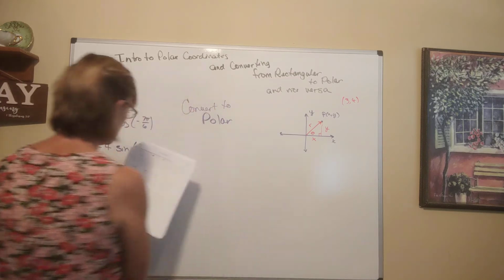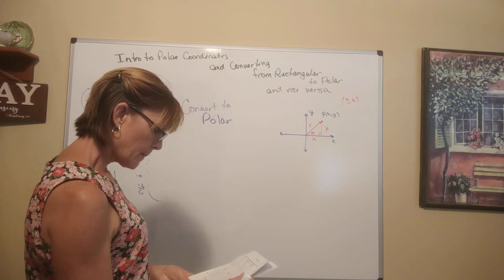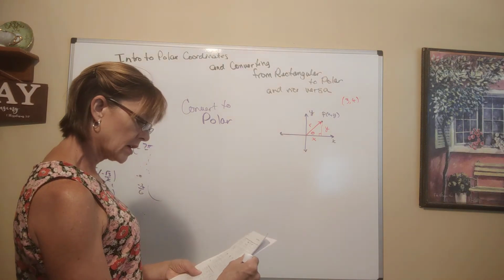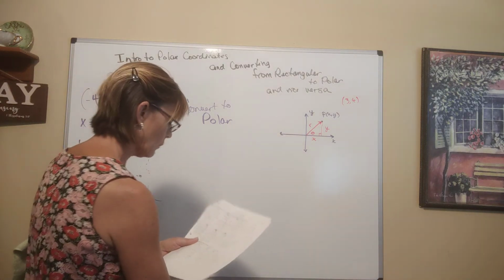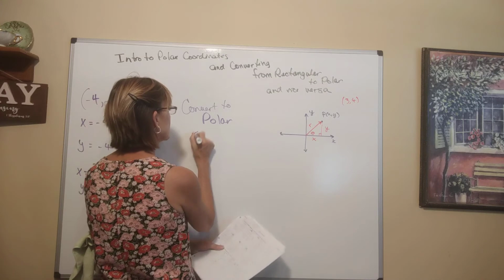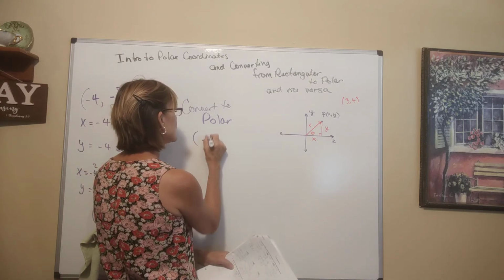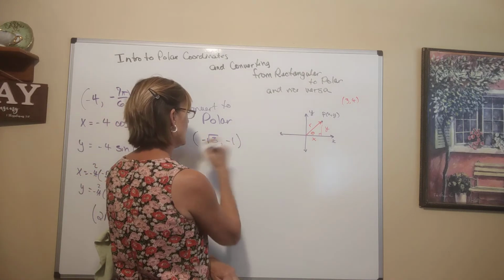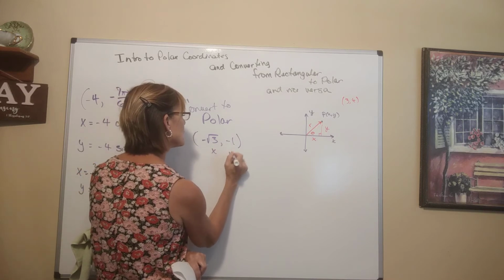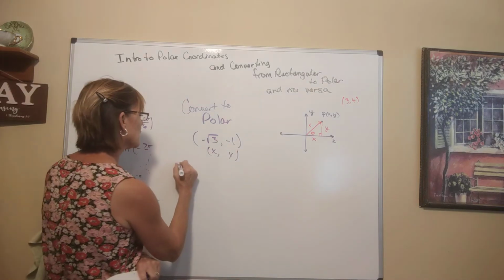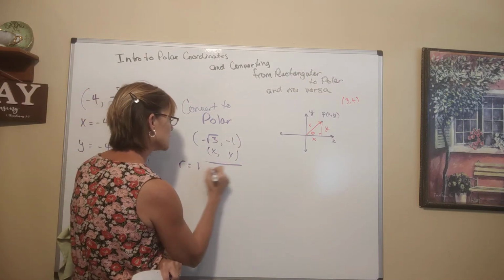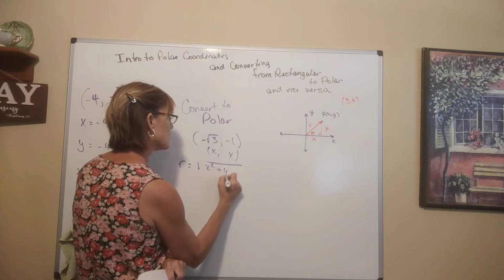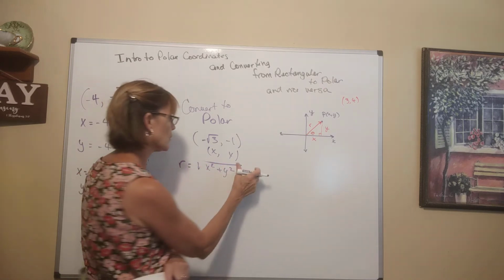So what if I give you this? Let's do B on this page because it's not in quadrant 1. What if they say convert to polar and they give us negative square root of 3, negative 1? All right, this is our X and this is our Y value. R is equal to the square root of X squared plus Y squared.